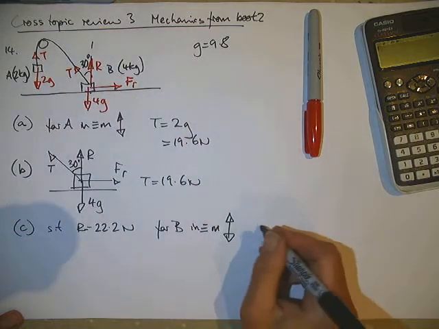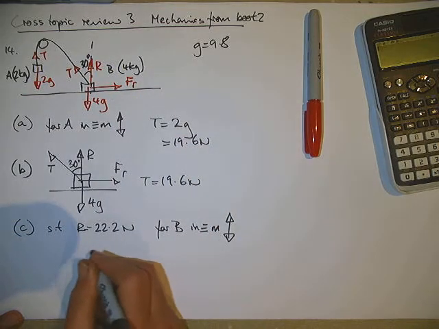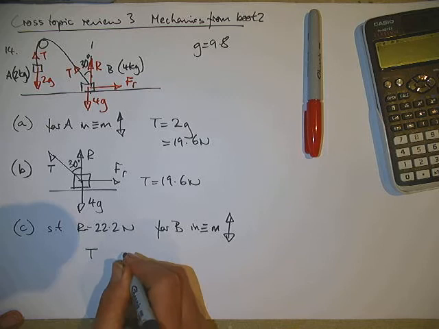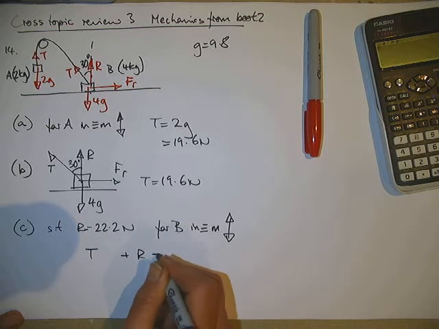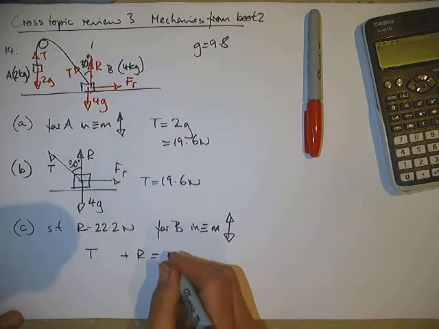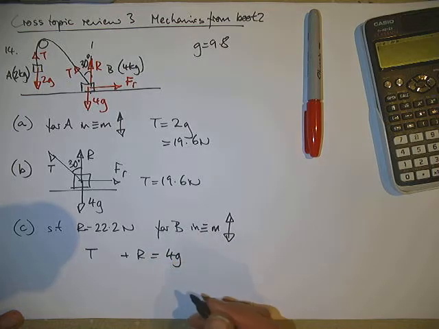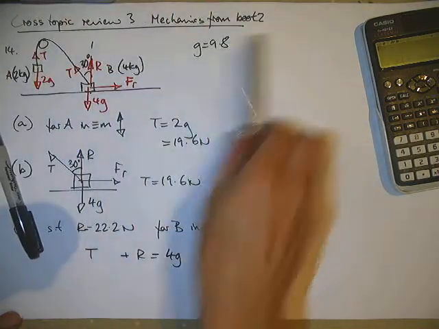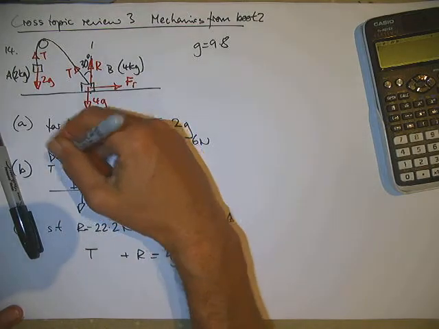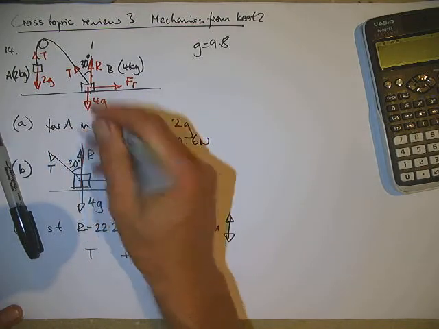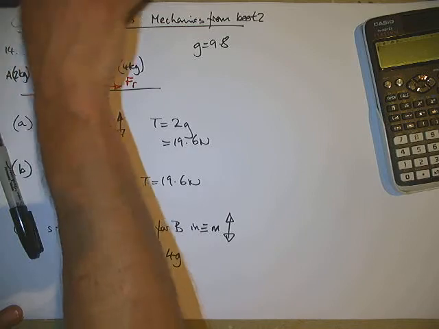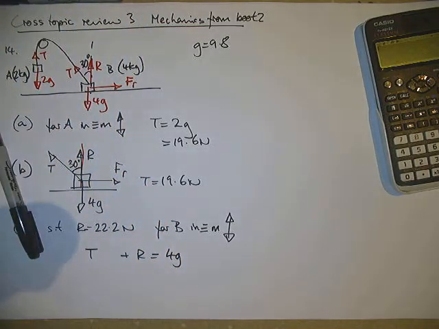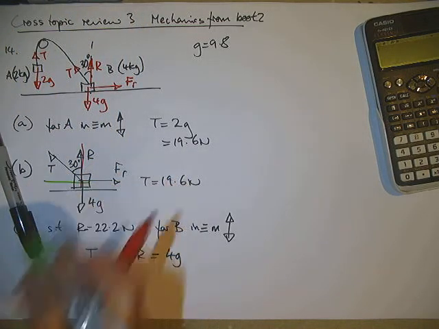There are two forces acting vertically, T and the normal reaction balanced by 4g, and T works that way, so it has an effect that way, and it has an effect that way.